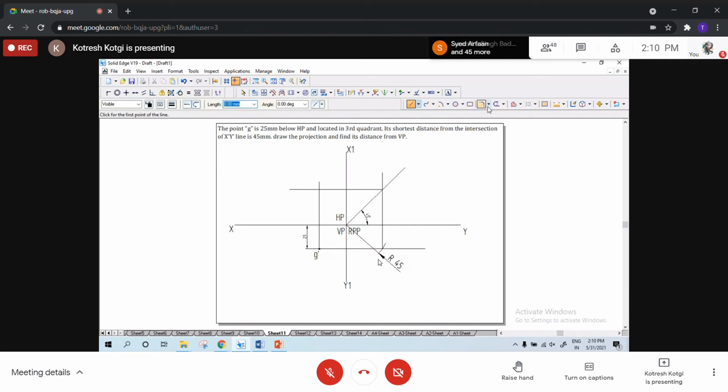Now I'll trim out the additional things. See here. What is this point now?